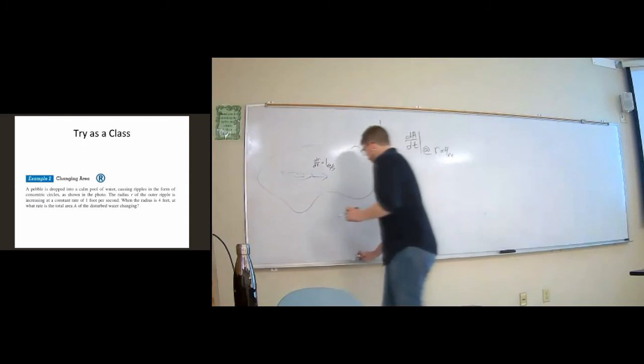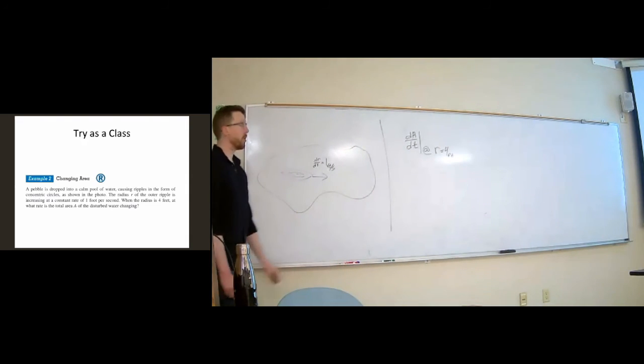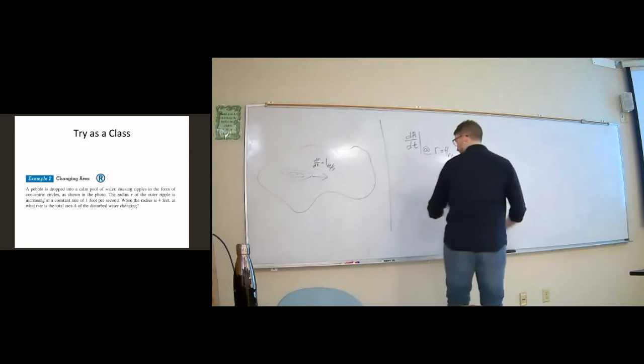All right, we're going to start thinking about other things we know. How can we relate radius to area? Well, in this case, a ripple is thought to be a concentric circle, right? So we've got this picture going on.